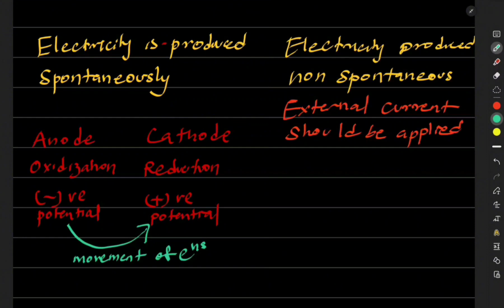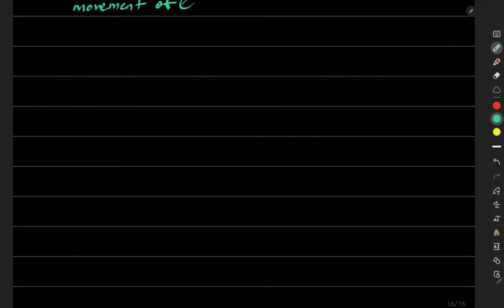What is cell potential? Cell potential is the potential difference between the two electrodes of a galvanic cell. The cell potential is also called electromotive force, EMF. Okay, let's write it down.